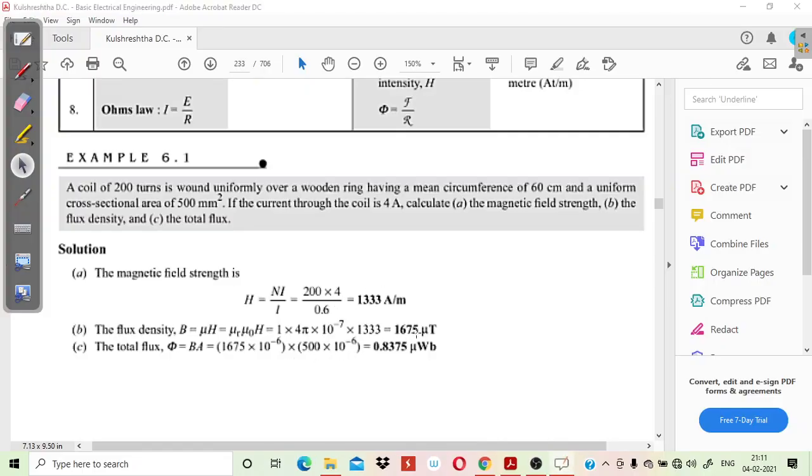The answer is 1675 micro Tesla, that much small. Now the examiner is asking you to find the total flux.